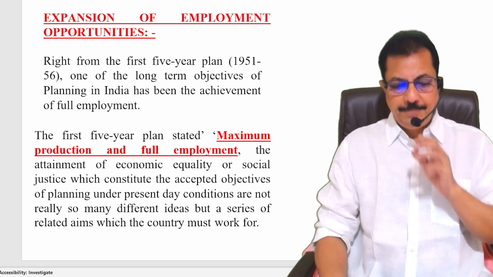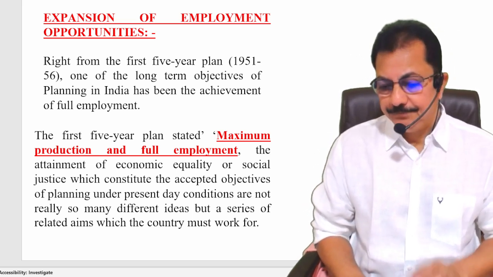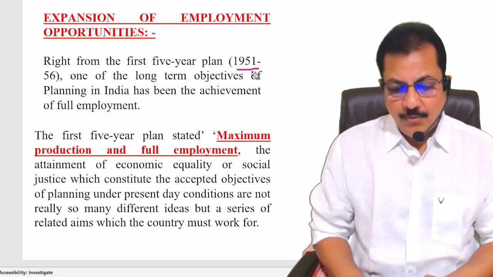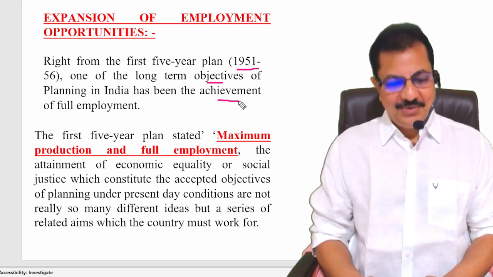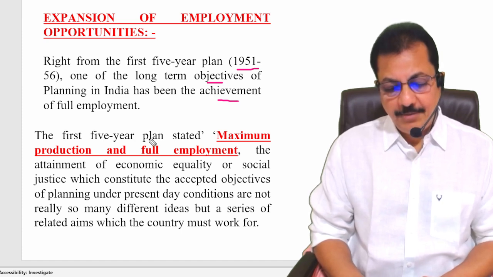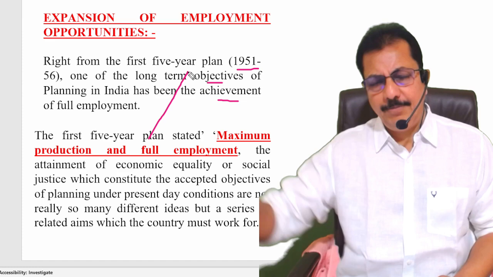Let's go ahead. Now, expansion of employment opportunities. Right? Starting from the first 5-year plan, one of the long-term objectives is to achieve full employment. We have discussed this point in the earlier class also. The first 5-year plan stated, I told you already, 1, 2, 3, 4, 5, 6, up to 12 plans.